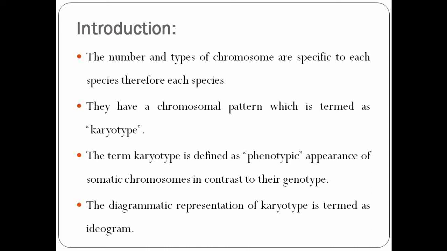Every plant, every species on the earth has its specific chromosome number. Every plant species, every animal species, or any small organism on the earth has its specific number and type of chromosome. That different chromosomal pattern we call a karyotype.